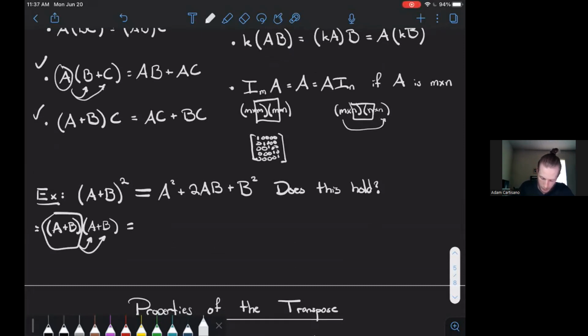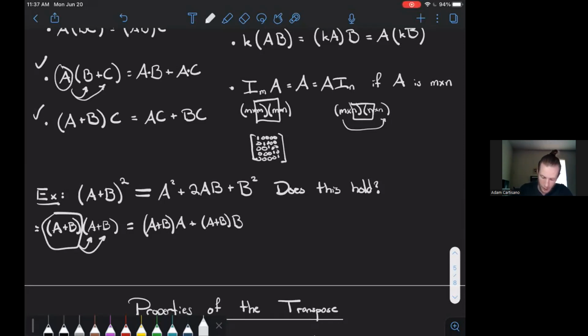So I'm getting A plus B times A. Notice the A stayed on the left when we did this distributive property. In fact, this is called left distributivity for that reason. So we have A plus B times A plus A plus B times B.